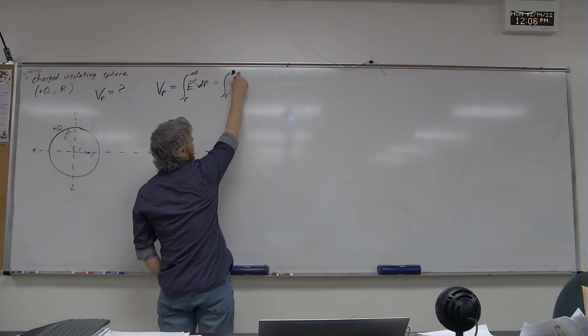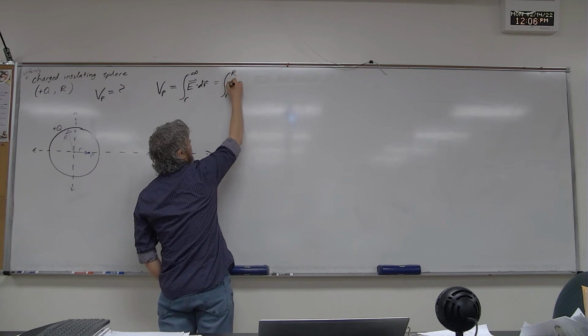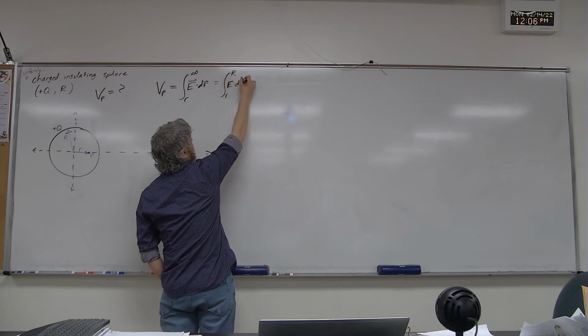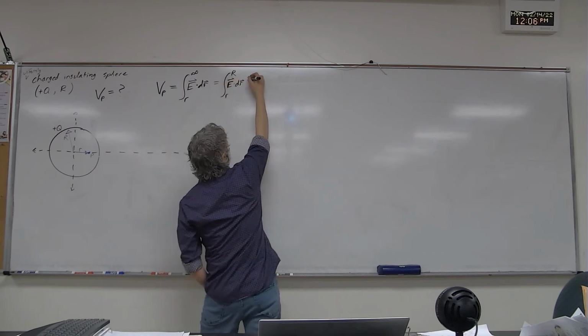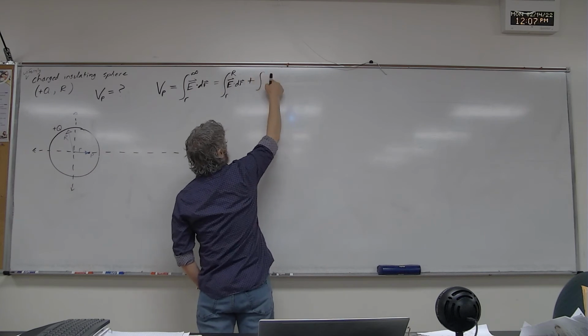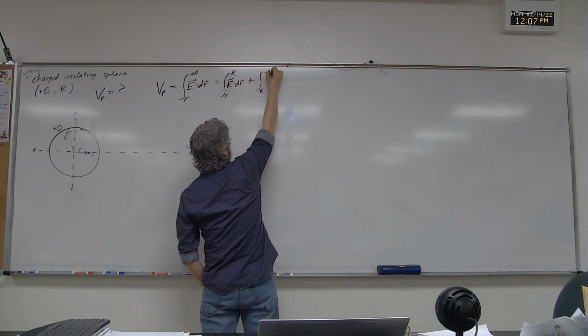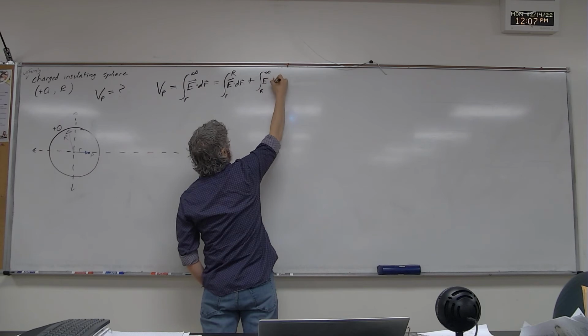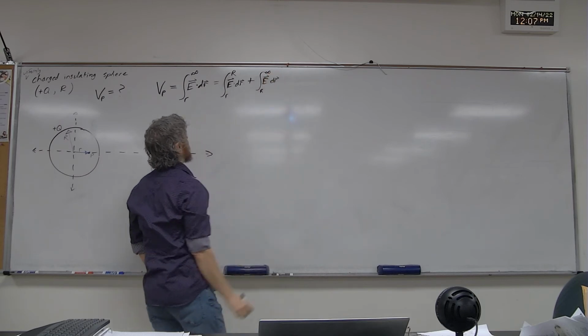So it'll be from little r to big R of E dot dr, which will be a different electric field, plus the one that we're integrating from big R to infinity. So those are going to be different electric fields. I have to approach each individually.